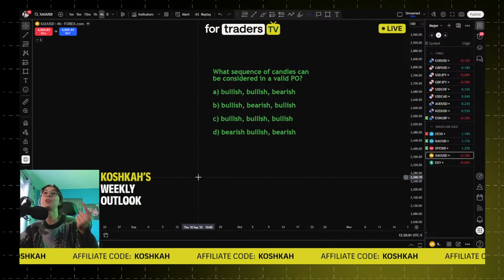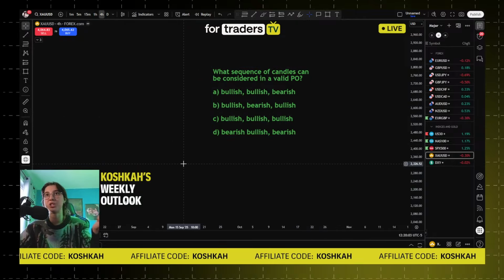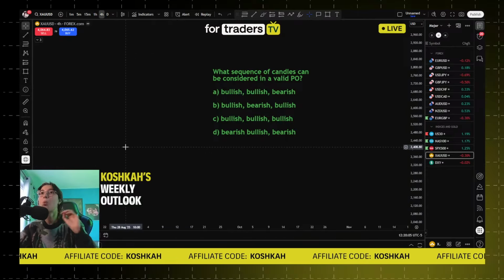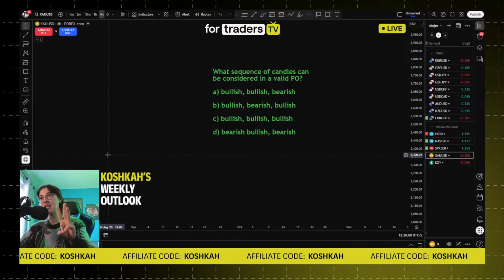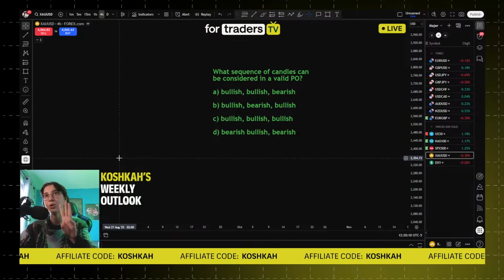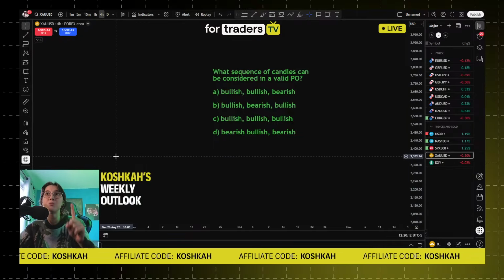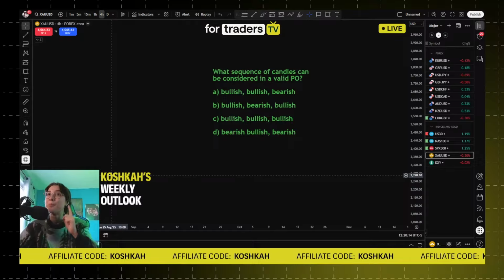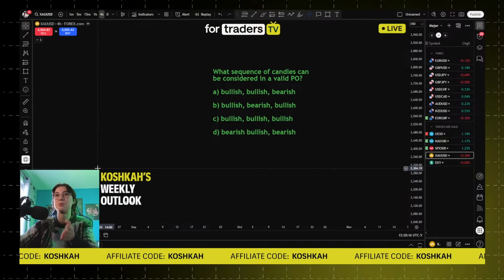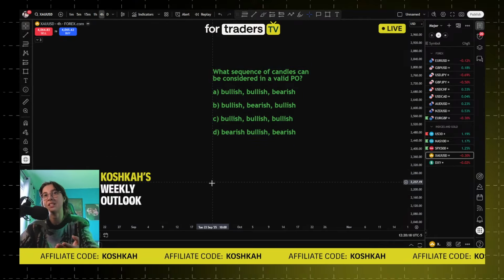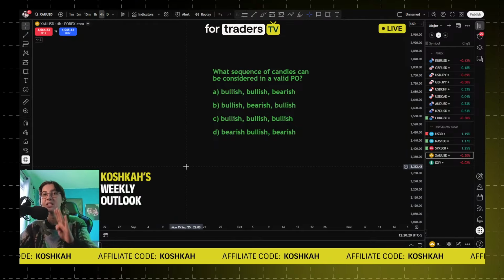Is it bullish, bullish? Or is it bearish, bearish? So which sequence of 3 candlesticks can be considered as a valid POI? Answer A, B, C, D.